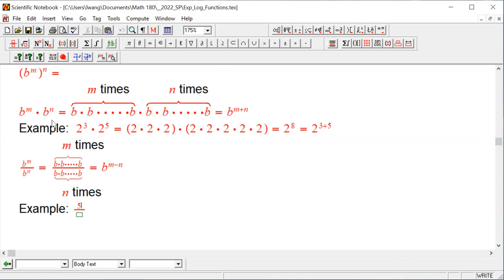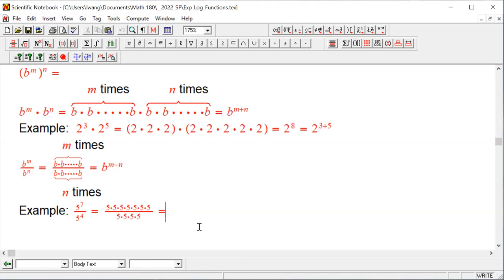Say I have 5 to the power of 7 divided by 5 to the power of 4. So on the top, I'll have 5 times 5 times 5, 7 times. And the bottom, 5 times 5 times 5 times 5, 4 times.